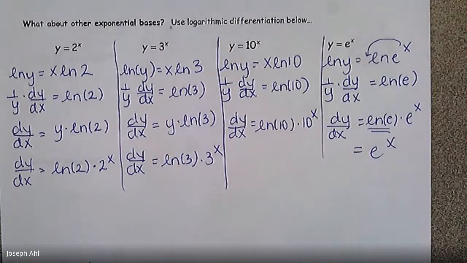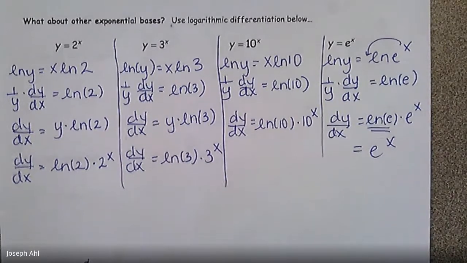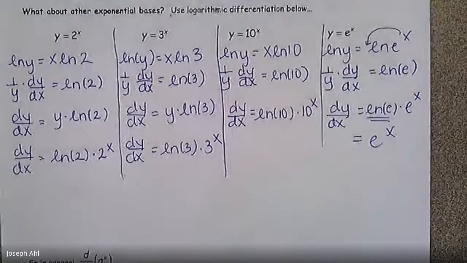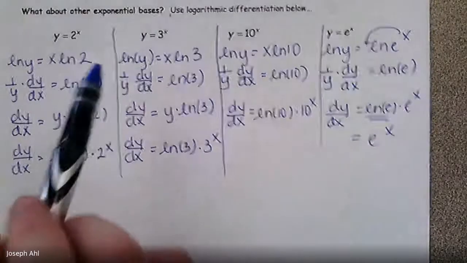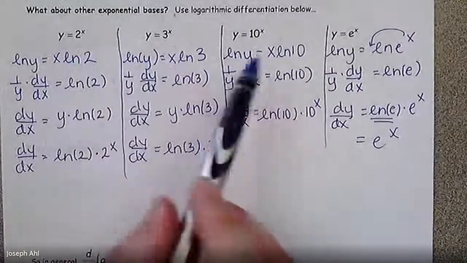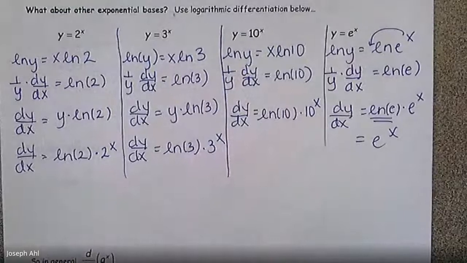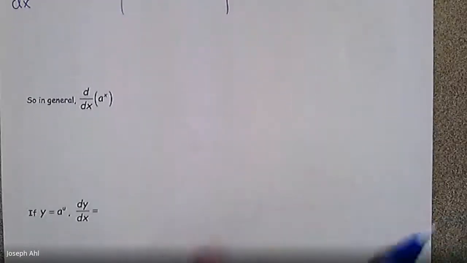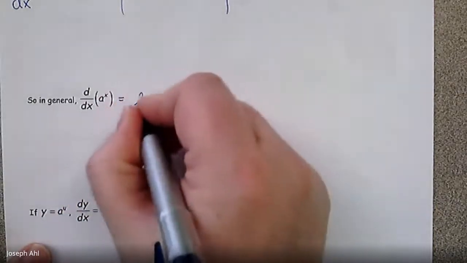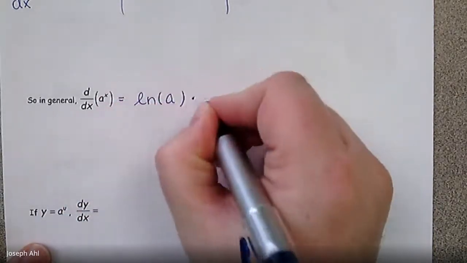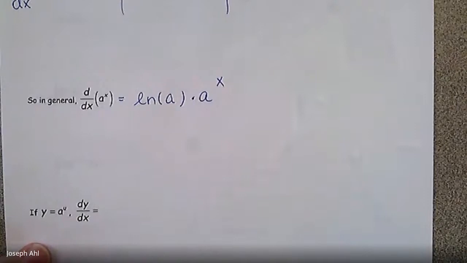And I love it because you have the skills, right? So if you forget at some point how to find that derivative, then of course we can justify it using some good old log differentiation. So we know the pattern at this point, don't we? If we take a look at an exponential base of 2 and 3 and 10 and compare their derivatives, in general, the derivative with respect to x of the function a to the x is going to be the natural log of the base times the exponential a to the x.